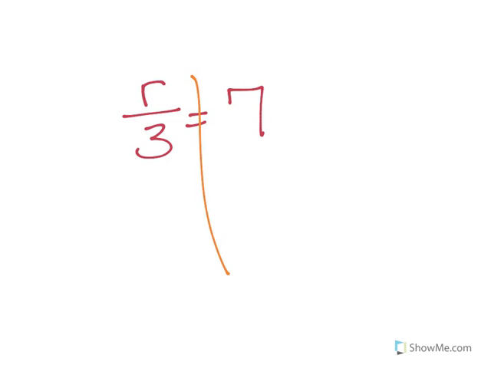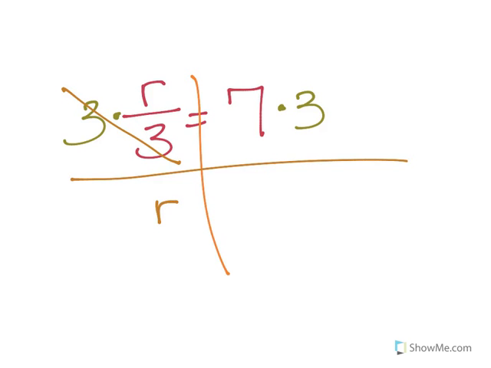I use that inverse operation. So I'm going to multiply both sides by 3. You can use the dot, you can use parentheses. So I know that that will cancel out, and I'm going to be left with r equals, what's 7 times 3? 21.